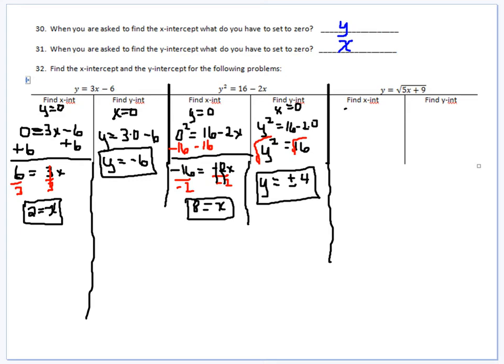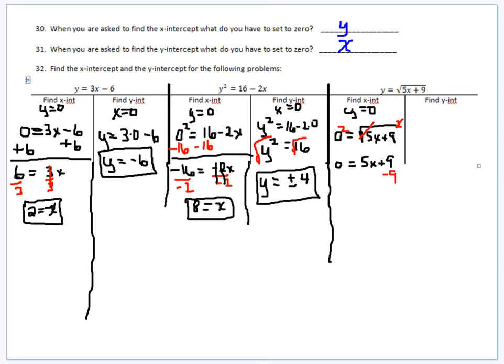Okay, this last one, let y equal 0. So 0 is the square root of 5x plus 9. Now the way you undo a square root is with a square. So we're going to square both sides, and now that square cancels out the square root. 0 squared is still 0. So here we have 5x plus 9.